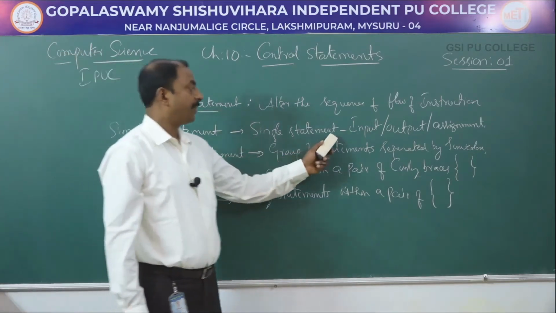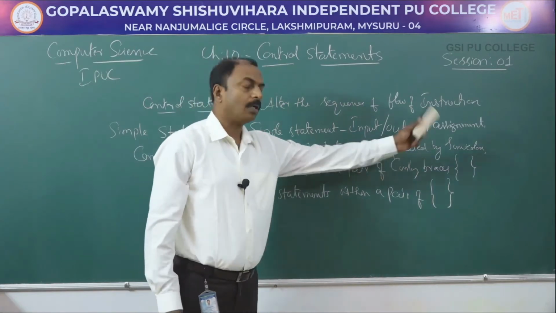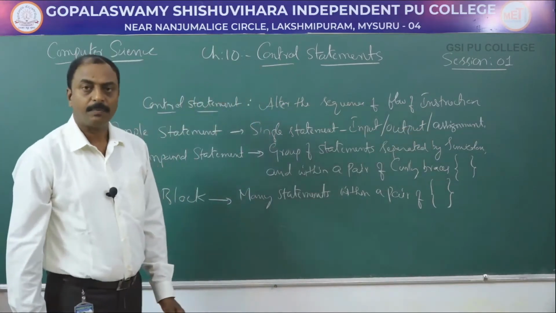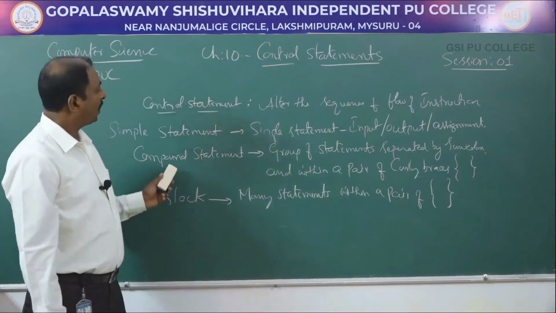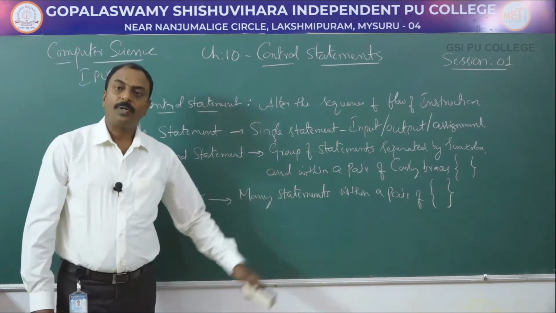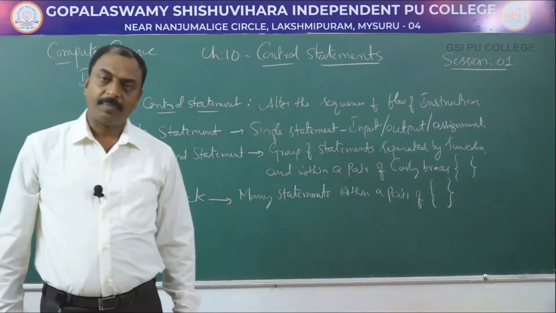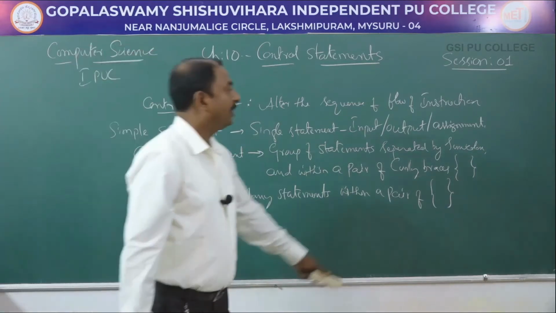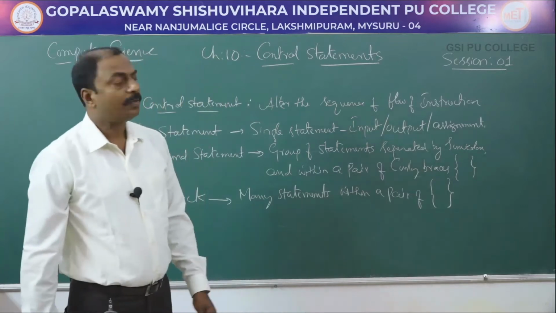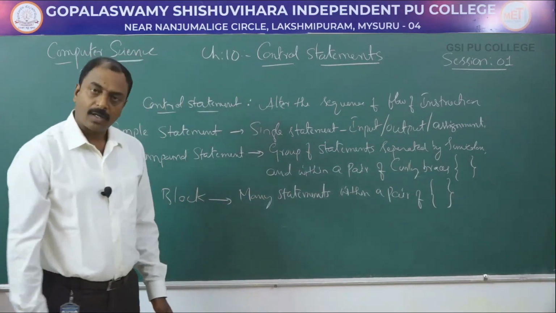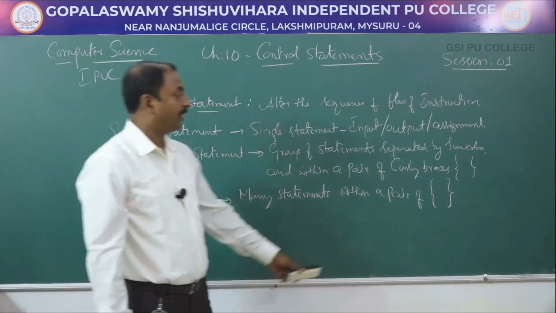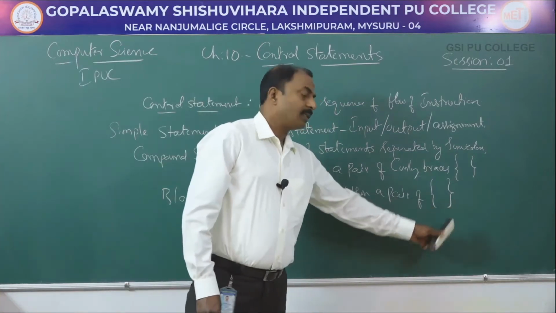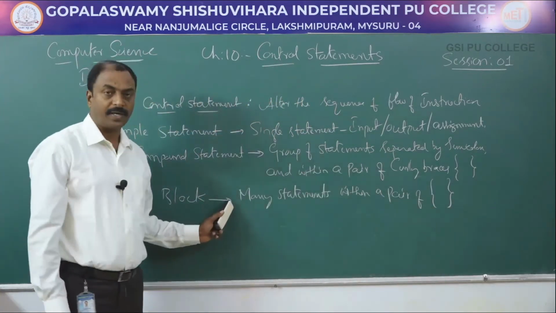A single statement, which may be an input, output, or assignment statement, is called a simple statement. And a compound statement is a group of statements separated by a semicolon and placed within a pair of brackets. Number of statements within a pair of brackets are called a block of statements.